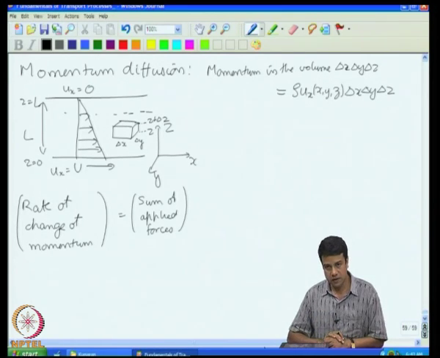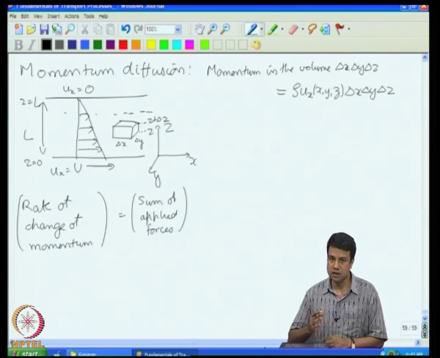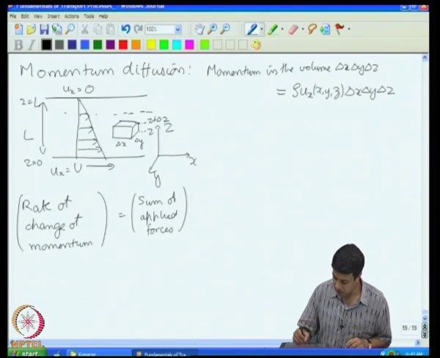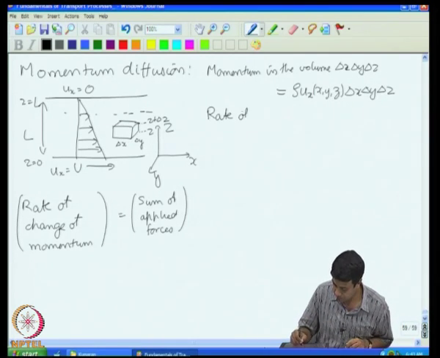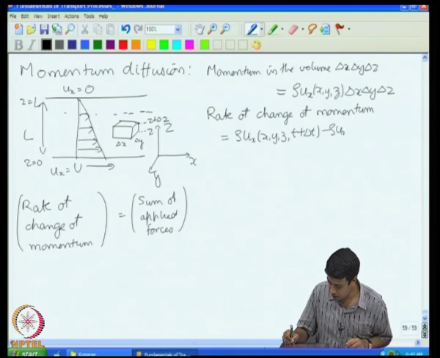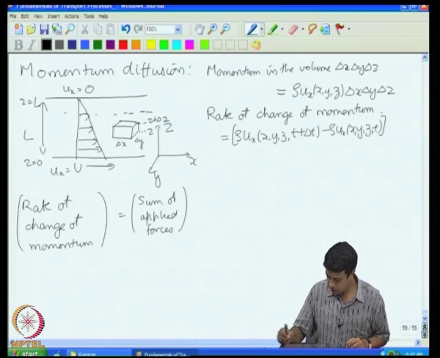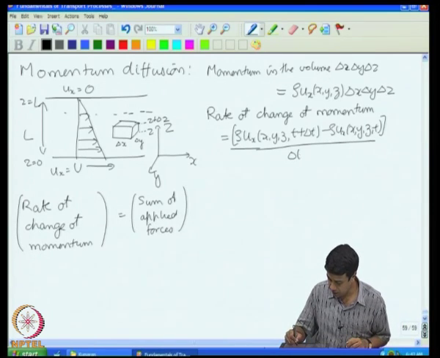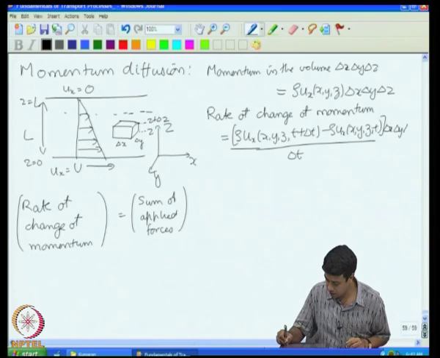So, rate of change of momentum, change in momentum per unit time. If I look at two instances t and t plus delta t, the rate of change of momentum will be equal to rho times ux at x, y, z, t plus delta t, minus rho ux at x, y, z, t, divided by delta t, times delta x, delta y, delta z.